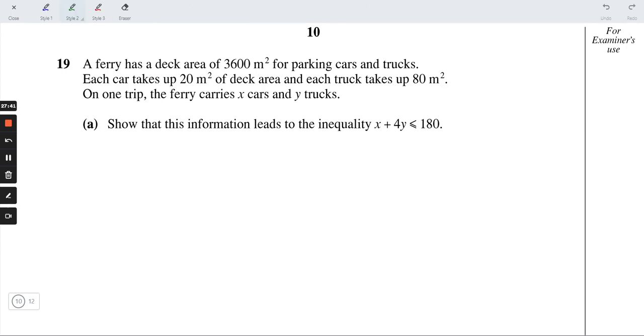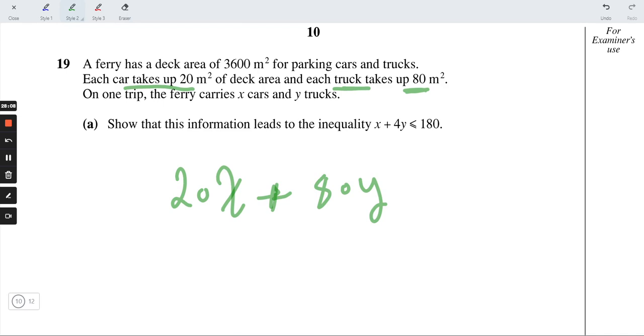Cars take up 20 meters squared, so 20x, plus the trucks, y, take up 80 meters squared, so 80y. 20x plus 80y should be less than or equal to 3,600, the deck area of the ferry.